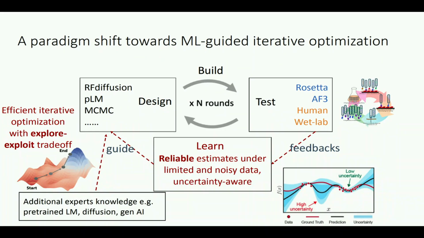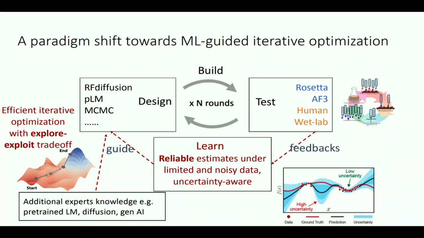So solving this kind of problem is very important in a lot of iterative optimization problems in protein design, or in general even material design or other areas that require querying and optimizing a hidden and very expensive to evaluate function.